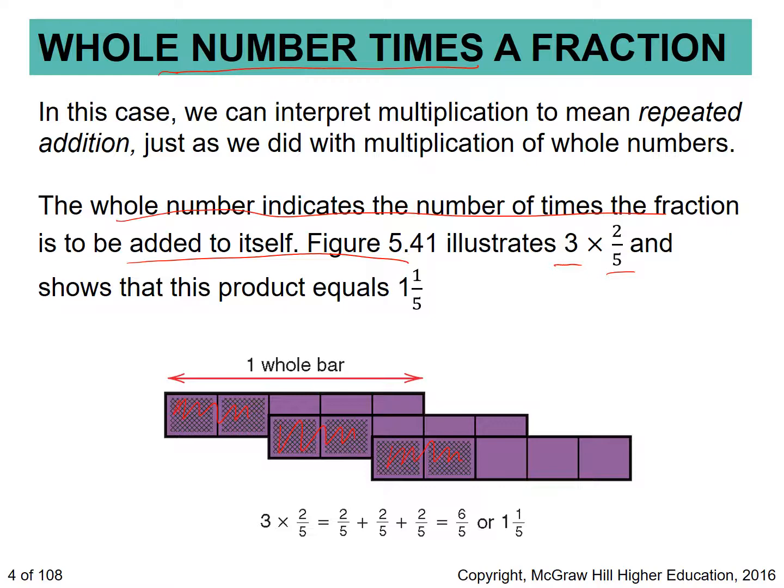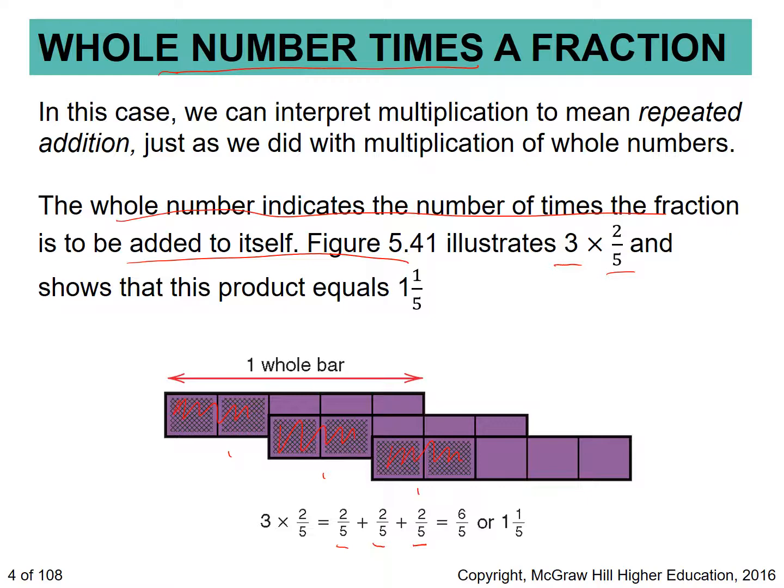So by repeatedly adding these, I have 2/5 here, plus 2/5 here, plus 2/5 here, and I know when I add these, I add the numerators, 6, and keep the same denominator.